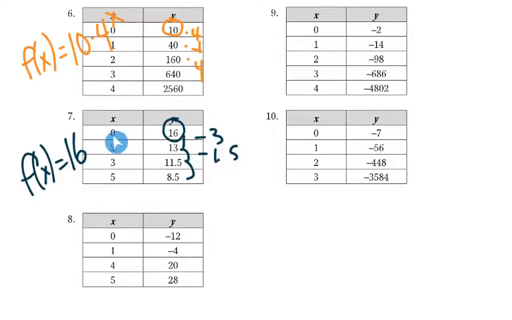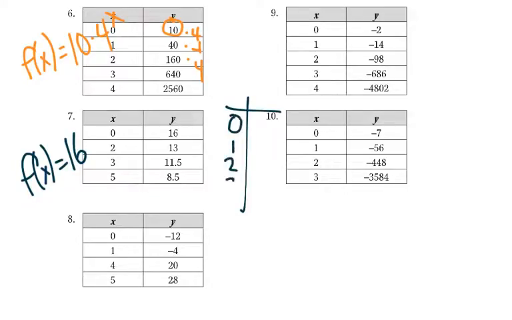Gotta watch here what's happening. Are we counting by ones? No. Gotta be counting by the same thing. So we want to think of it this way. They'll do this to us. I didn't realize they were. Let's see if we can figure it out if we go like this. So 13 minus 11.5 is 1.5.